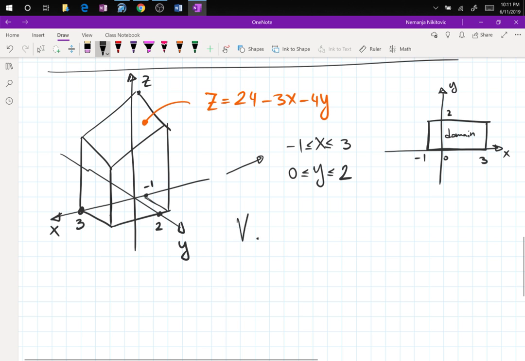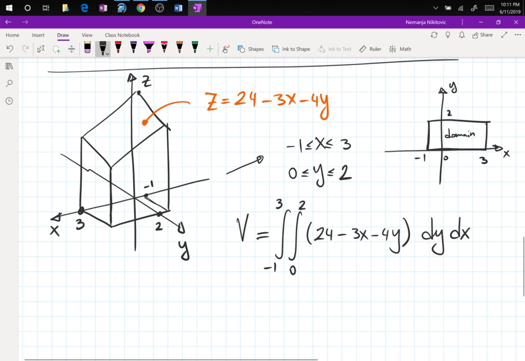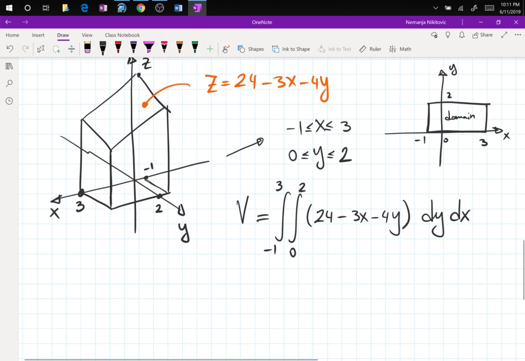So volume is going to be the double integral of, you have to put in parentheses, 24 minus 3x minus 4y. And then you can put dy dx or dx dy because these are all numbers. Let's do the standard dy dx. And the outer integral corresponds to the limits for that integral. So -1 to 3 goes on the outside, and then 0 and 2 goes for the inside one that corresponds to y.